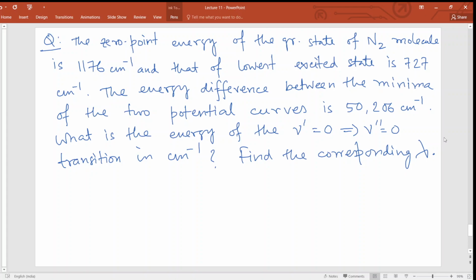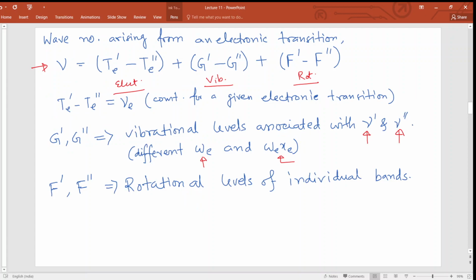See, what is it asking you? We are talking about electronic transition. Some quantities are given: zero point energy, and the energy difference between these two. So let me give you a little bit more.